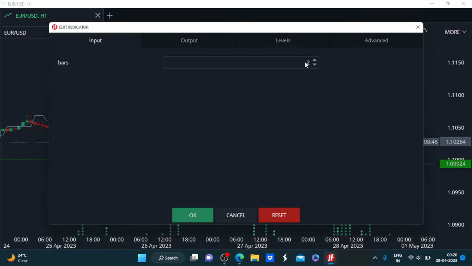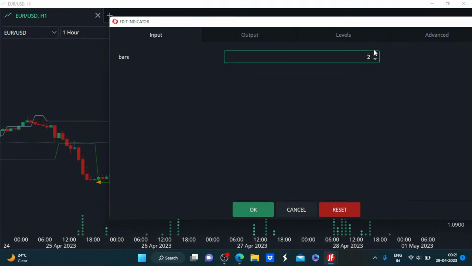So you can increase, not decrease. I think one will be too volatile, so two is a minimum requirement to keep this indicator stable.